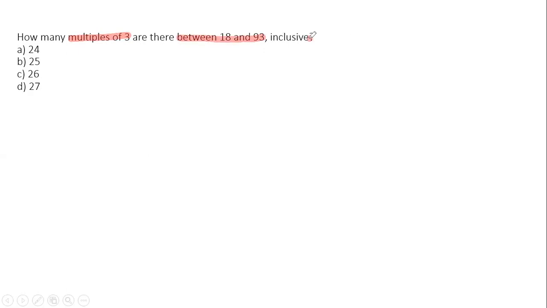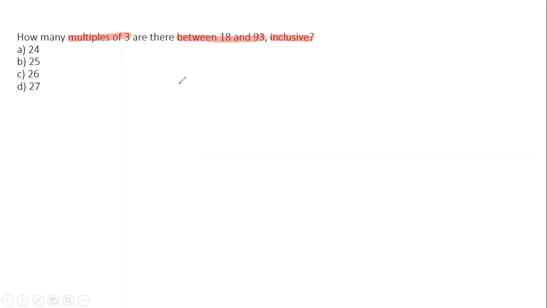And after the comma, they have mentioned inclusive. Now this is a very, very important word. When I say between 18 and 93, that means I will not consider 18 and 93. But if I say inclusive, that means both 18 and 93 will be included.